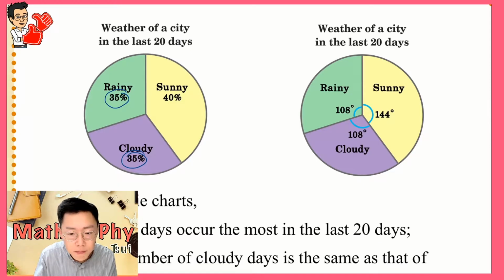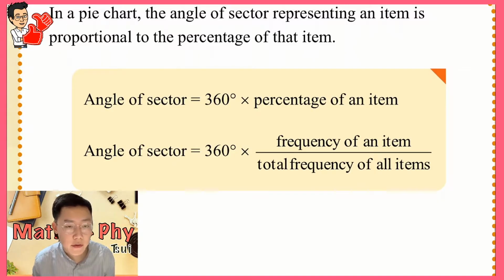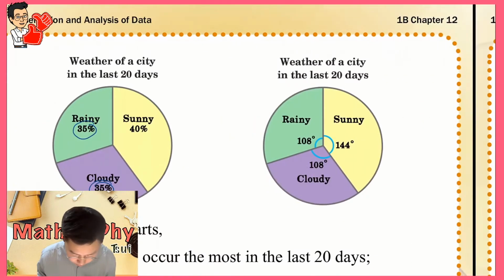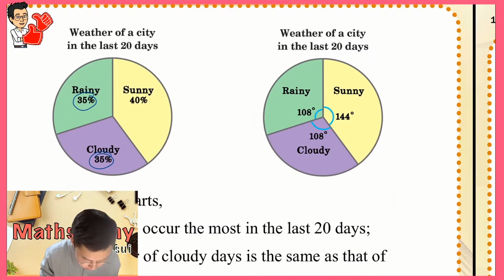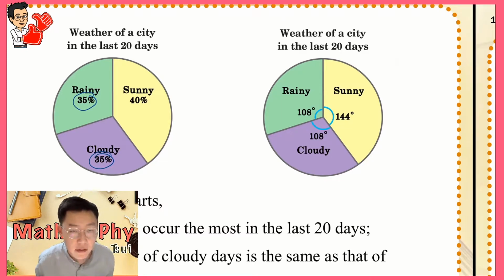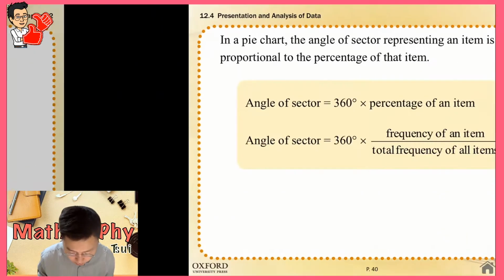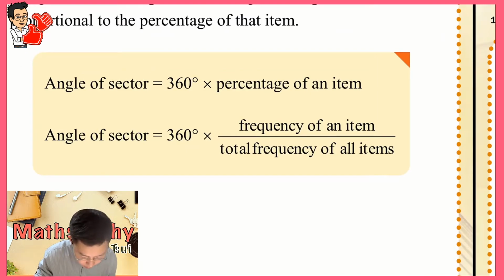For the angle of each sector, we need to use 360 degrees times the percentage of an item. For example, as we mentioned before, for sunny days it is about 40%. So in this case, we need to use 360 degrees times 40%.